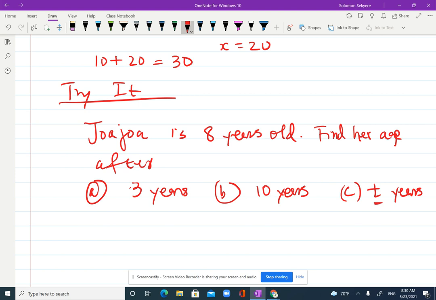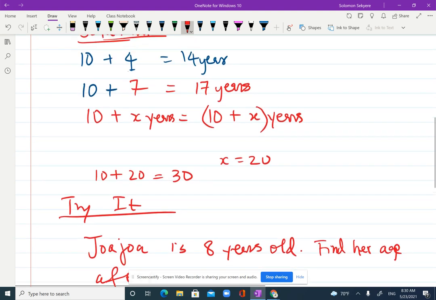I don't know what that T is. It's just an unknown. So follow the example here.